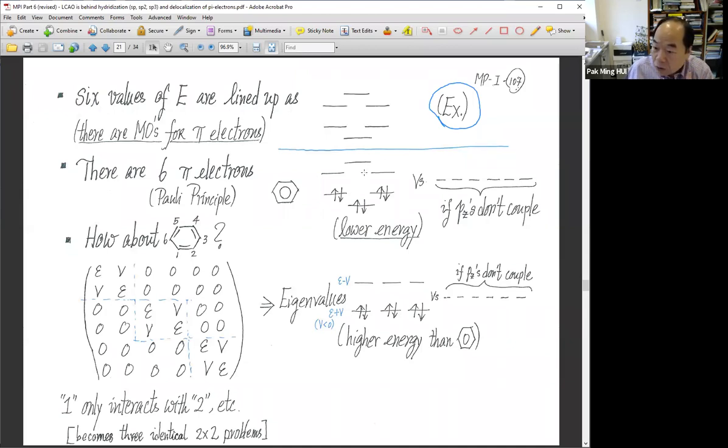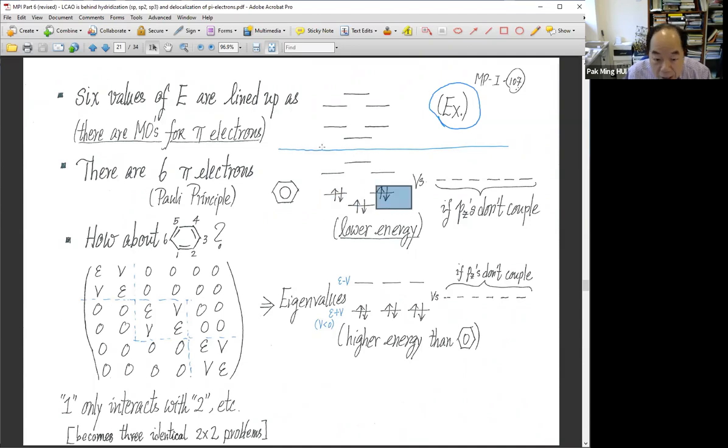The next stage, just like any problem: we have 6 electrons, each carbon contributing 1 electron. Thereby we use the Pauli exclusion principle to fill them in. That is how the 6 electrons living on top or below the benzene ring will behave. So the lowest energy ground state must have 2 here, 2 here, 2 here.